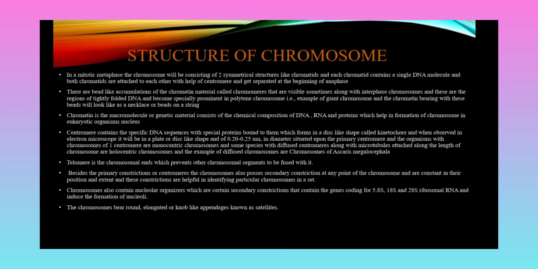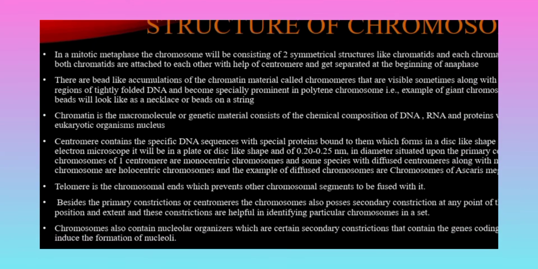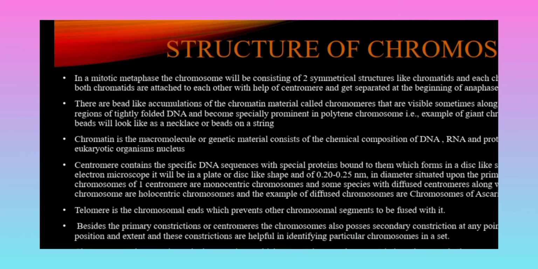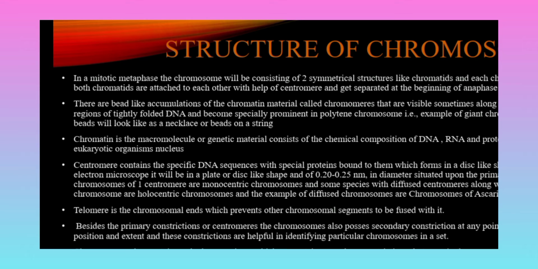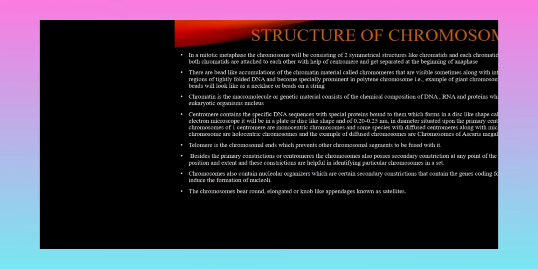Now coming to the structure of the chromosome. We all know the cell cycle consists of prophase, anaphase, metaphase, and the resting phase. Here, the mitotic metaphase chromosome consists of two symmetrical structures known as chromatids.